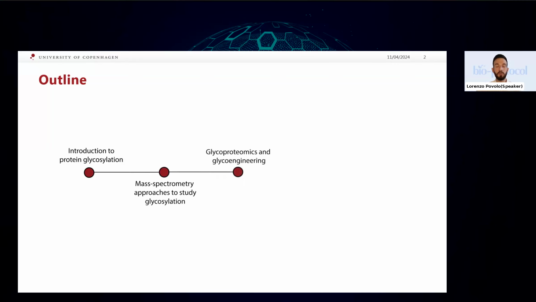Then tuning into the actual core of this presentation, glycoproteomics and glycoengineering. Throughout the presentation, and especially at the end of this presentation, I will give a case example of the work during my PhD, in which I have used the glycoproteomics tools to study protein O-mannosylation in humans, as Katarina just mentioned.